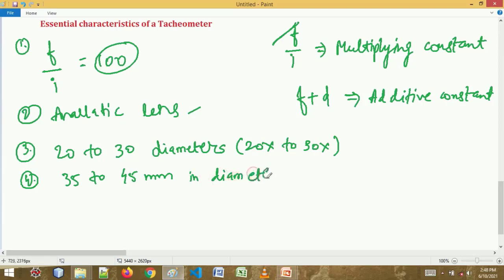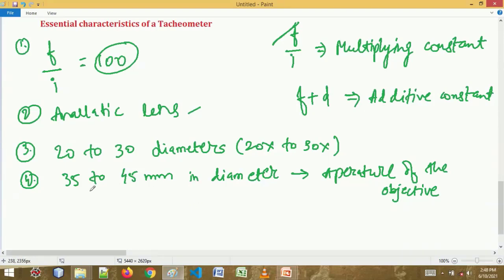Why should it be 35 to 45 mm in diameter? It should be there in order to have a sufficiently bright image.